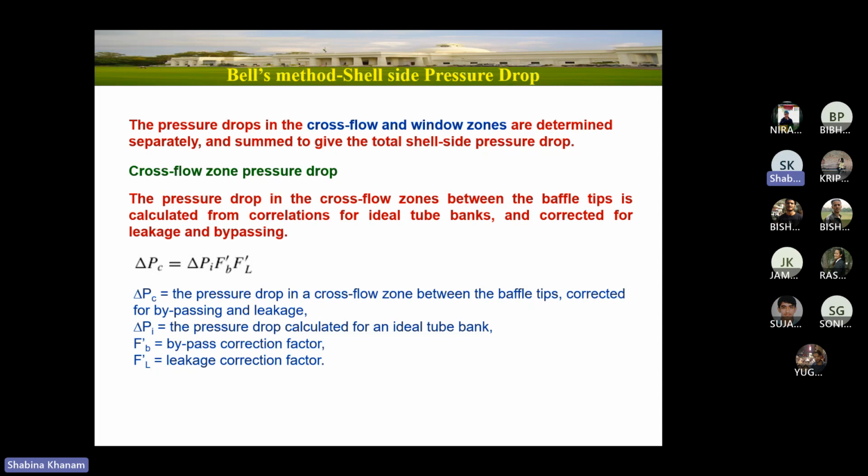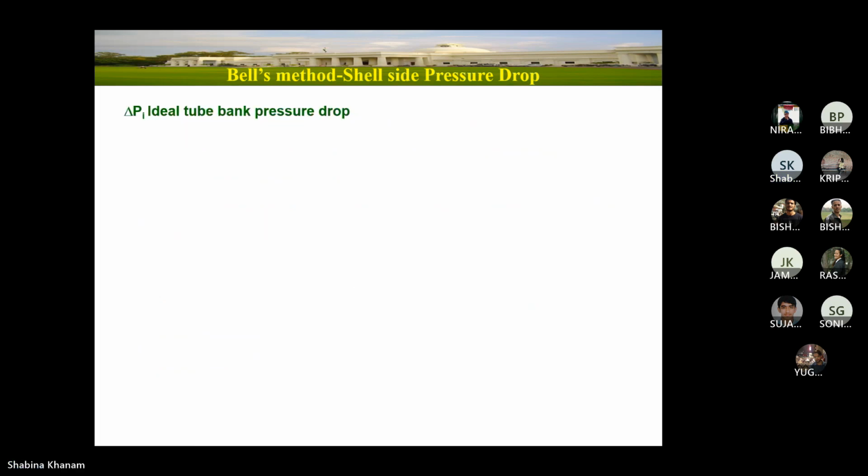And that clearance will be the same in the cross flow zone as in the window zone. Therefore I have two different correction factors, FB and FL, but here we denote them with a prime: FB prime and FL prime.